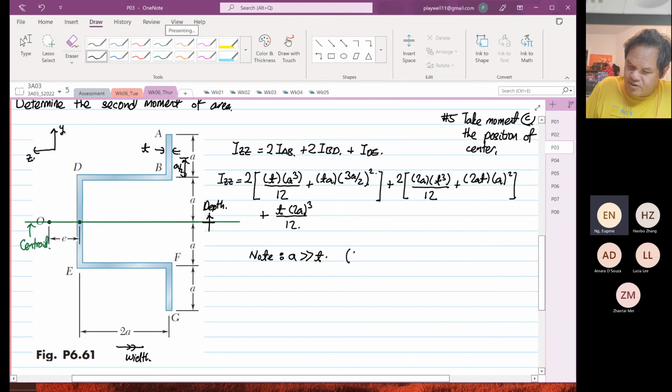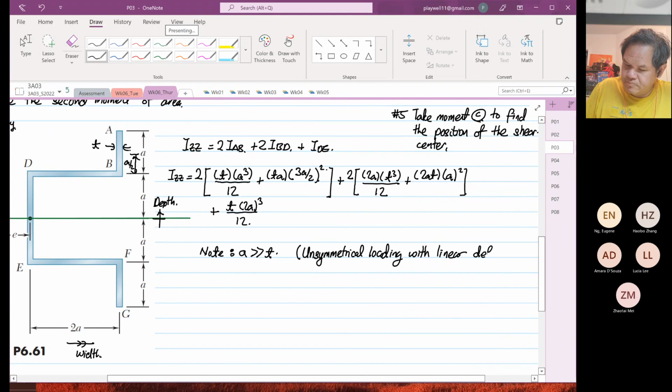So unsymmetrical loading with linear deflection and twisting will only occur in thin wall section.